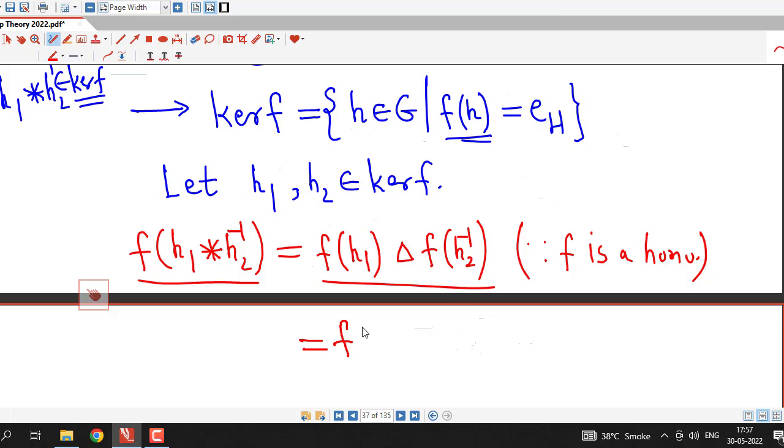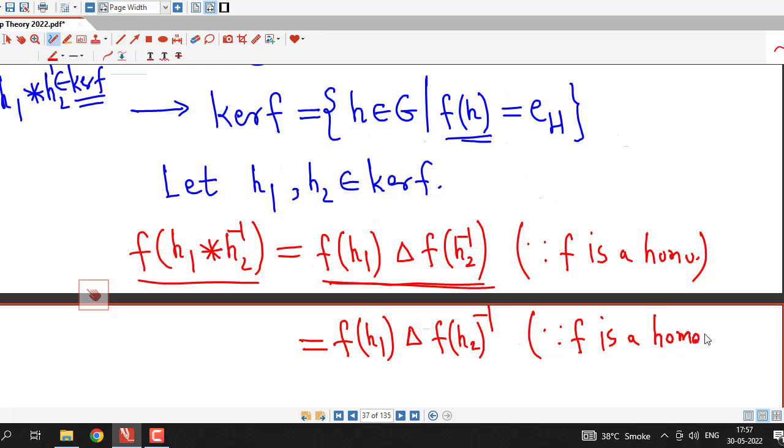So now we want to show that this is the identity element of H. For that, first we write F of H2 inverse as inverse of F of H2. This we have proved in an earlier lecture, and this happens because F is a homomorphism.